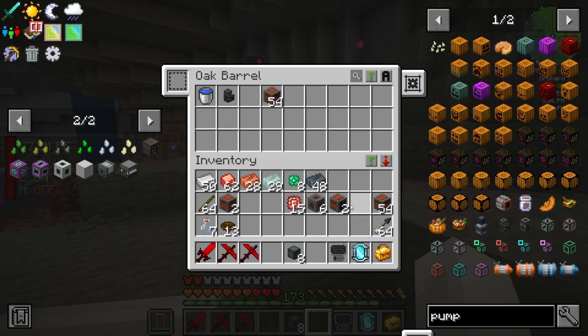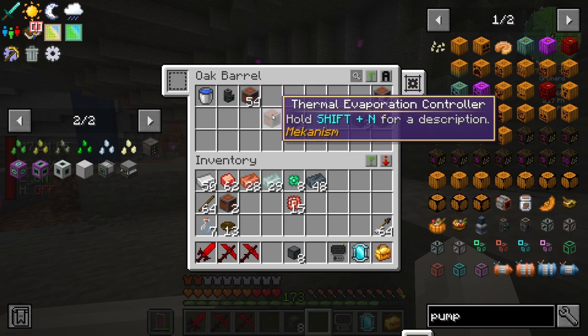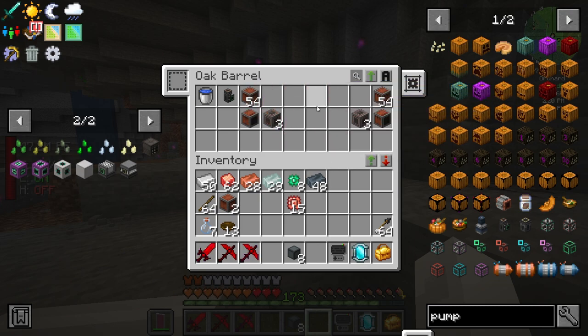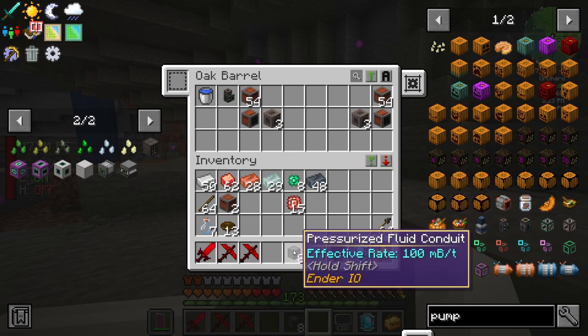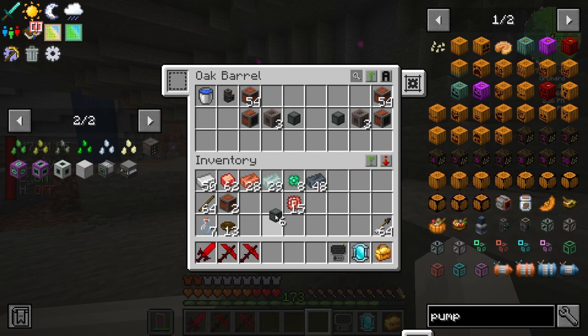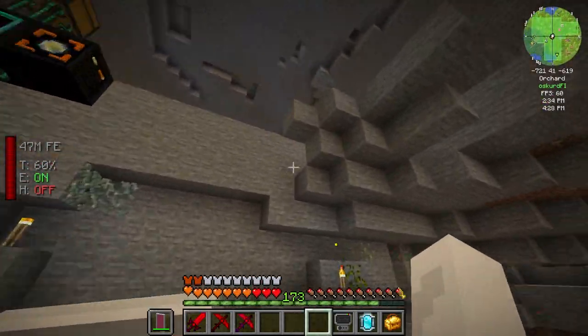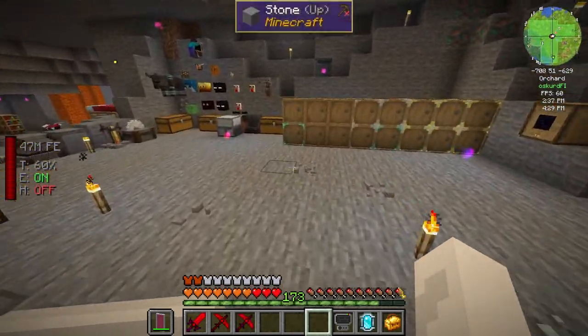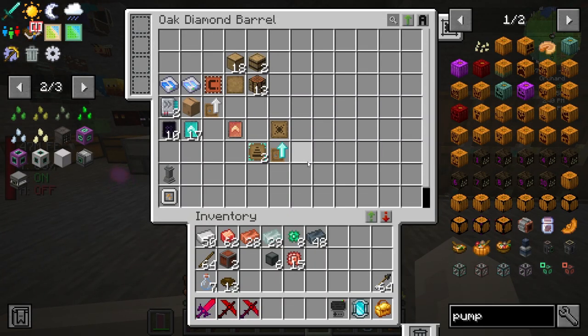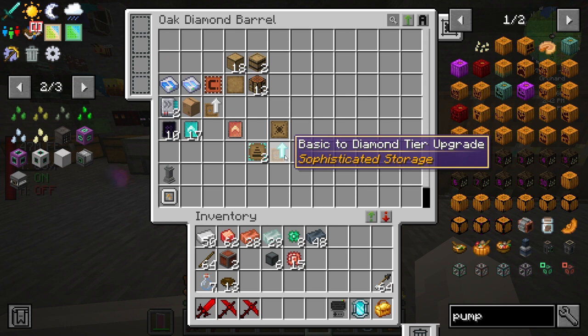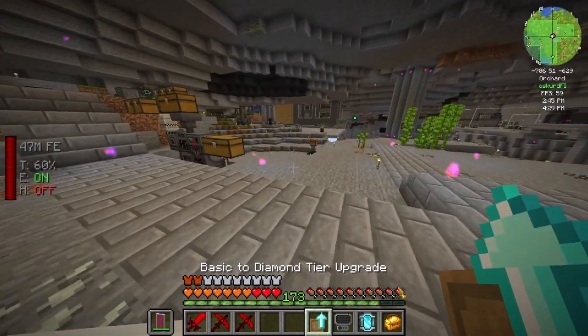Then our evaporation tower number 1. Then our evaporation tower number 2. And then in the middle of here we will put our 1 tank. I need to put an upgrade on this barrel or something, because this is a much better size, so let's choose this.